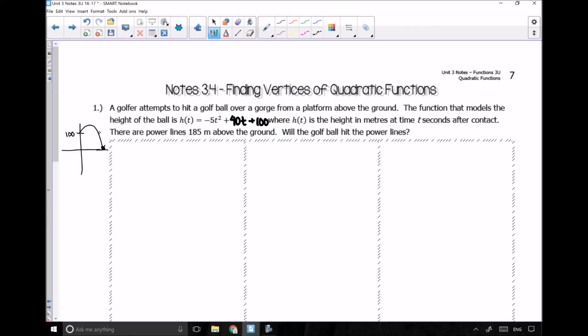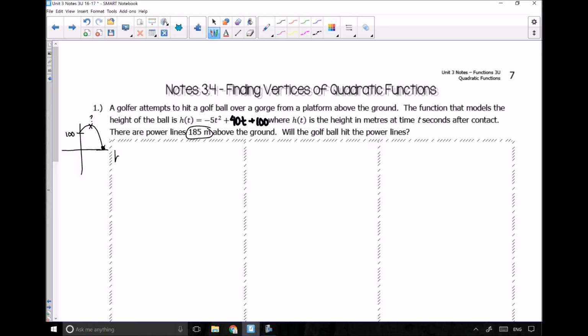And I know that it's going to go up and then go back down because the leading coefficient is negative, so it'll open down, okay? And I want to know if the golf ball will hit the power lines. So basically I want to know, is my golf ball going to reach a height of 185 meters or not? Okay, so essentially all I have to do is find out, well, what's my maximum point? Once I know the maximum point, I can figure out if it's going to touch or not.